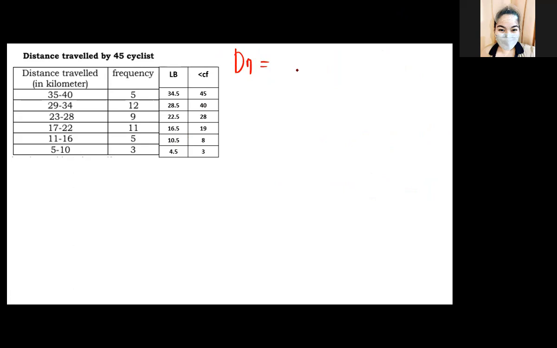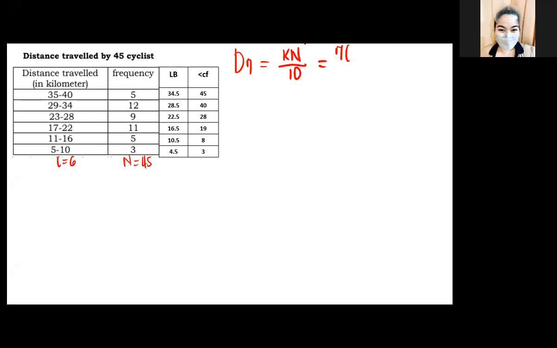Sa D sub 7 po, of course, yung kanyang locator, ganun pa rin. K times n, pero divided by 10 na siya. Next, yung k natin is 7. Yung n natin is 45.